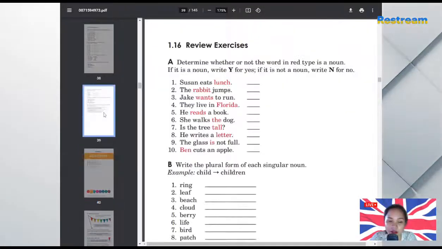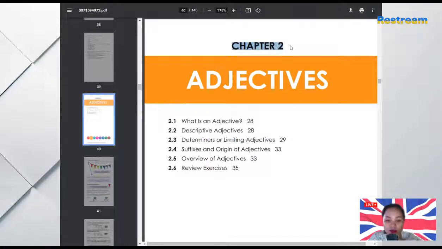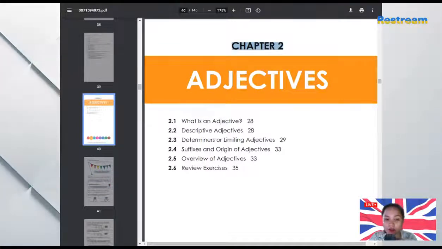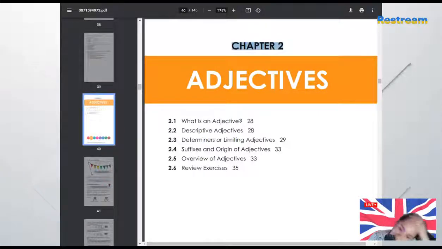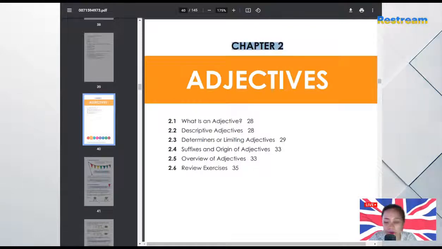The rest, one to five for this chapter 2, are lessons for the part of speech adjective. Let us start already.